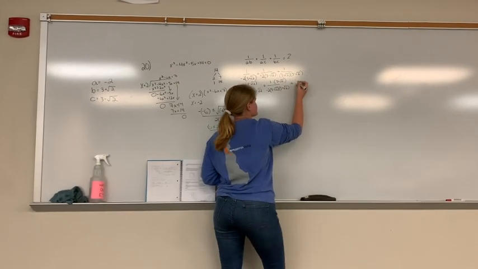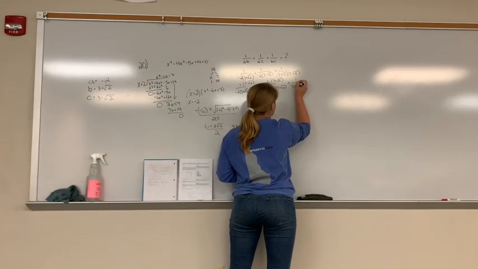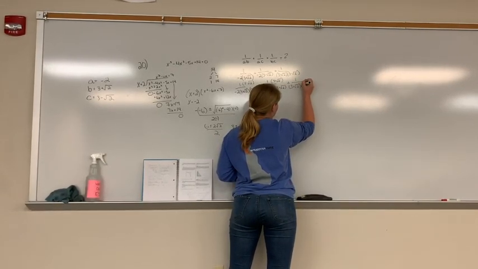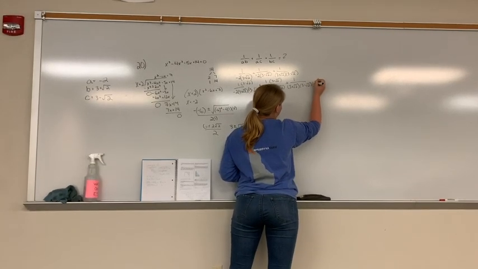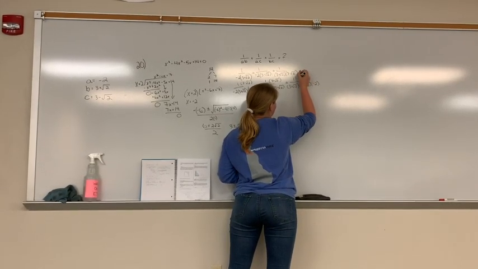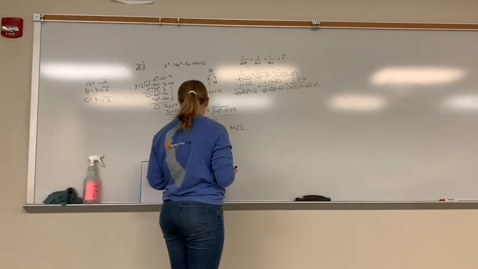Then plus 1 over 3 plus the square root of 2 times 3 minus the square root of 2, and multiply the top and bottom by negative 2. So just simplify this all the way down.